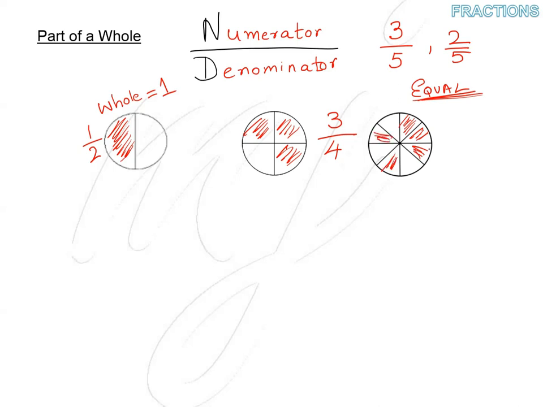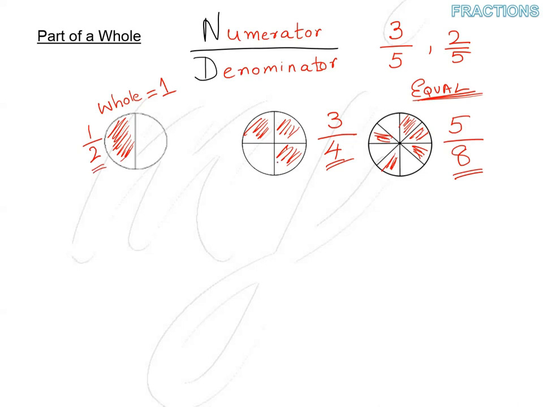So how many parts have I shaded? 5. And how much is the total of the whole? How many parts has it been divided into equal parts? 8. So I can write it as 5 upon 8. This is my fraction of this diagram. 3 upon 4 is my fraction of this figure, and half is my fraction of this figure.